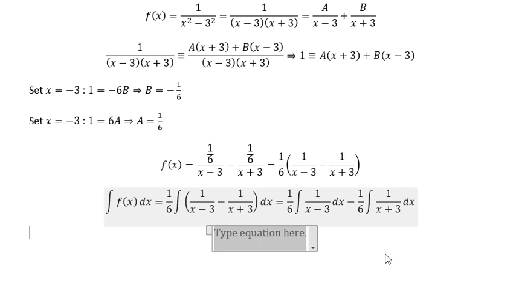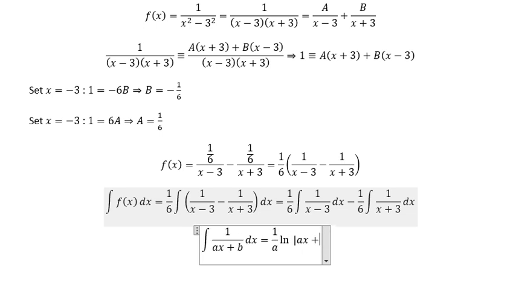Now, standardly, we should recall something. If we integrate 1 over ax plus b with respect to x, the answer is 1 over the derivative of ax plus b, which is a, times the ln of the absolute value of ax plus b.